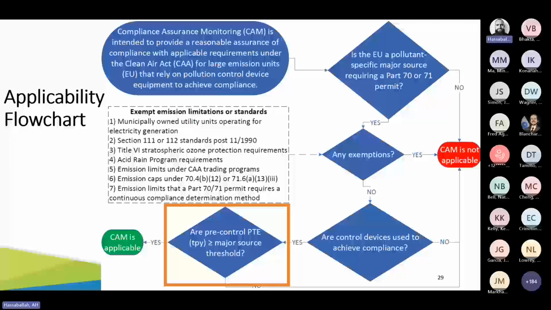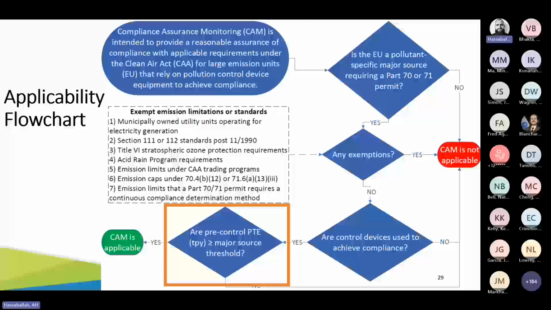If it's not exempt, you would consider whether or not there's a control device in your train or in your processes. And then ultimately, before you have that control device, are the potential emissions greater than the major source threshold? If so, you are subject to CAM. If you're not, then you're not.